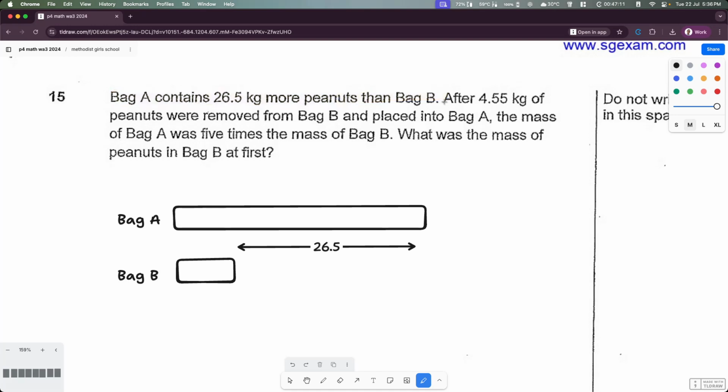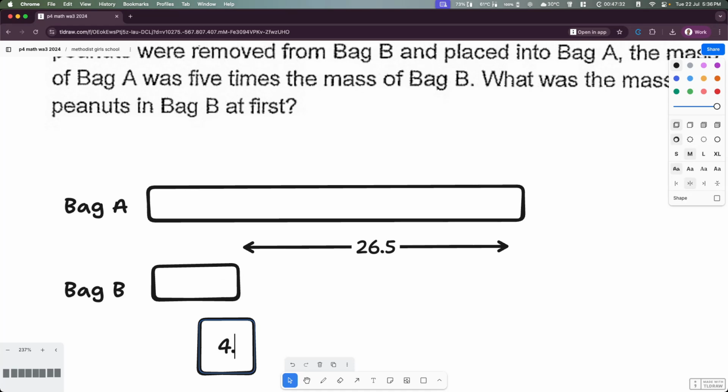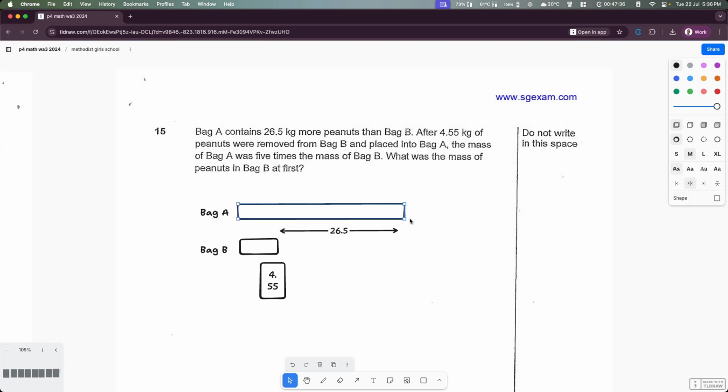Now the next one is: after 4.5 kg were removed from bag B and placed into bag A, the mass of bag A was 5 times that of bag B. So what we can do is go over here and add a rectangle, which is basically this 4.5. I'm going to make this a bit bigger so that it's easier to see.